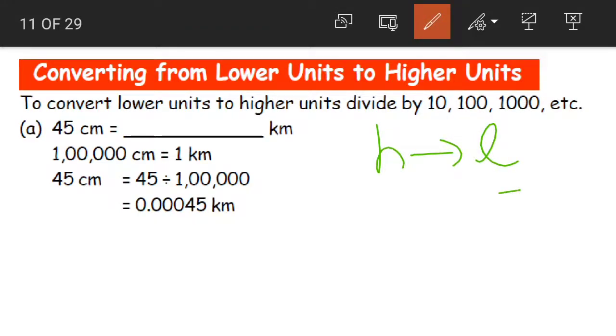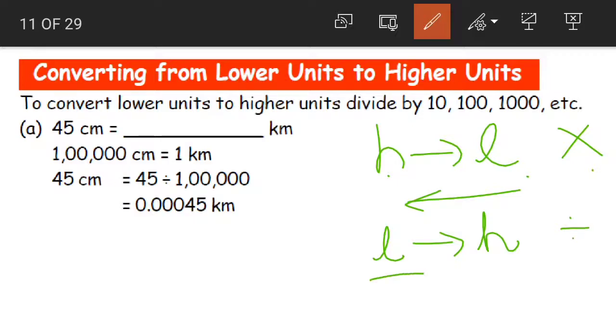Now what if we have to do the opposite? We have to convert a lower unit of measurement into a higher unit of measurement. How do we do that, children? As we are going in the opposite direction, we'll perform the opposite operation. Yes, to convert higher into lower we multiplied, so the opposite of multiplication is divide.